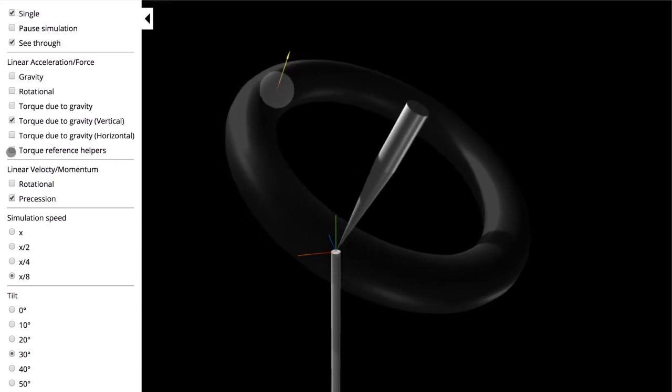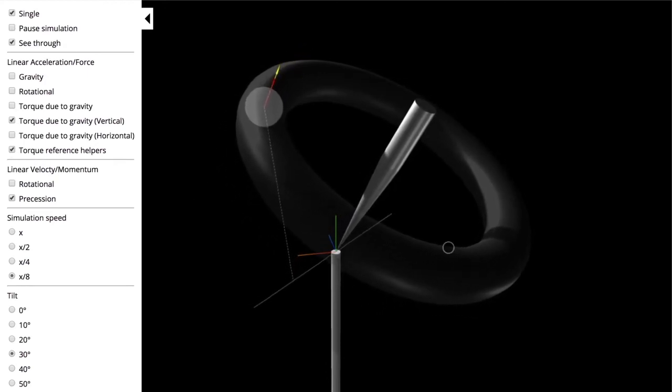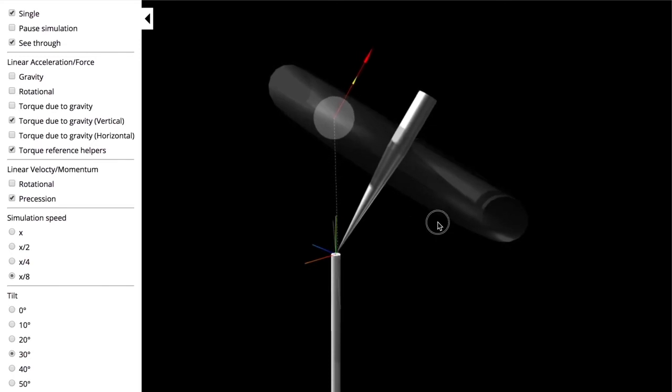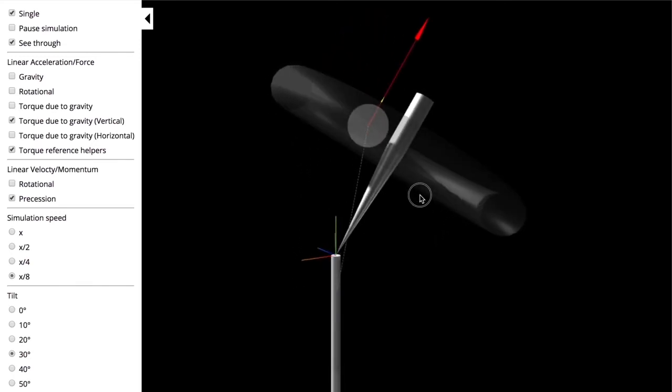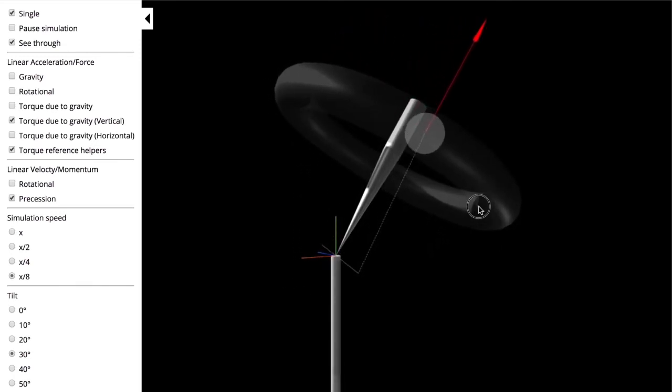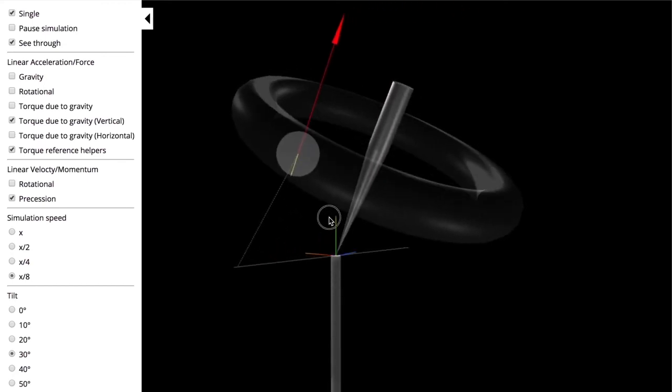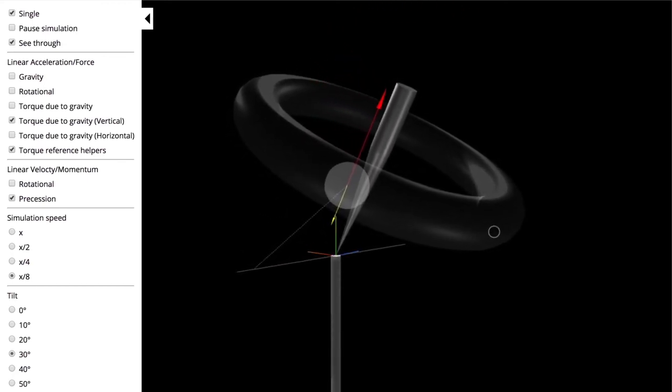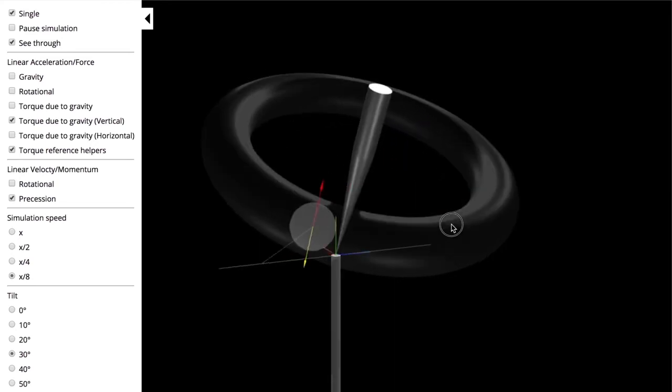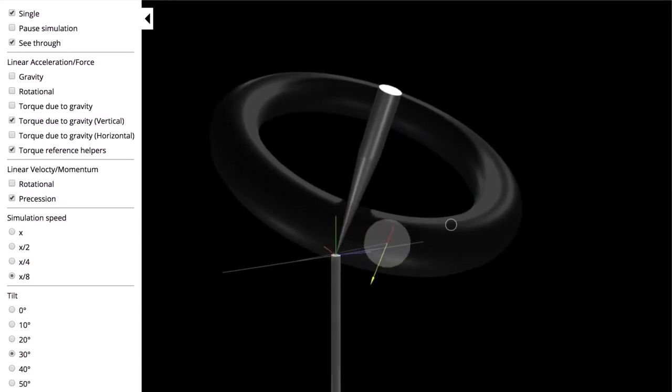In a mathematical view, we can consider the vertical component of torque to follow a cosine function, and the precession will be the integral of that acceleration, which is a sine function, and hence will be displaced by 90 degrees.